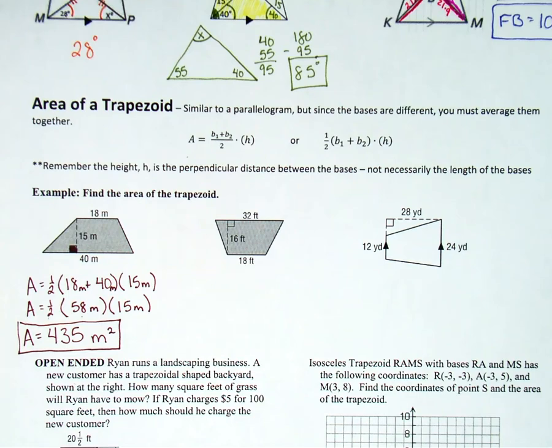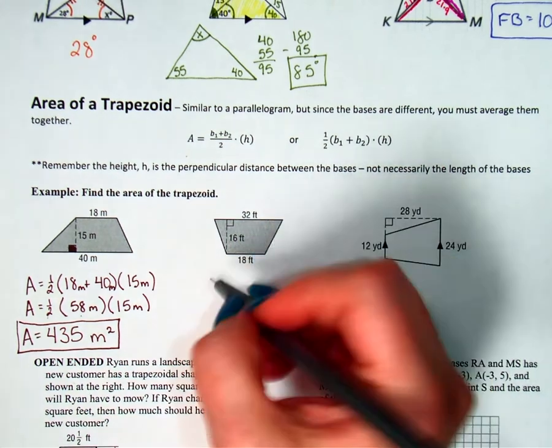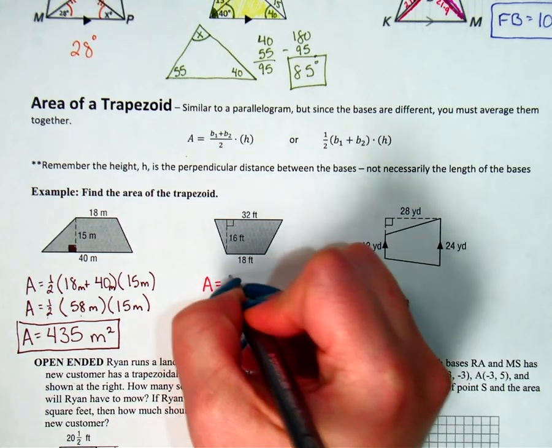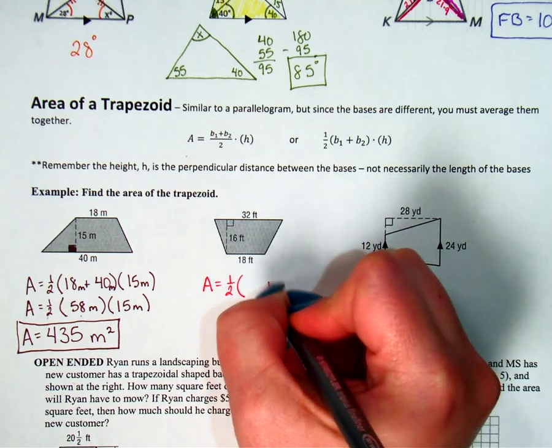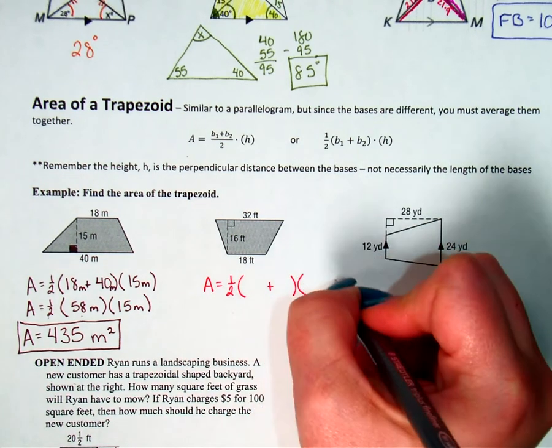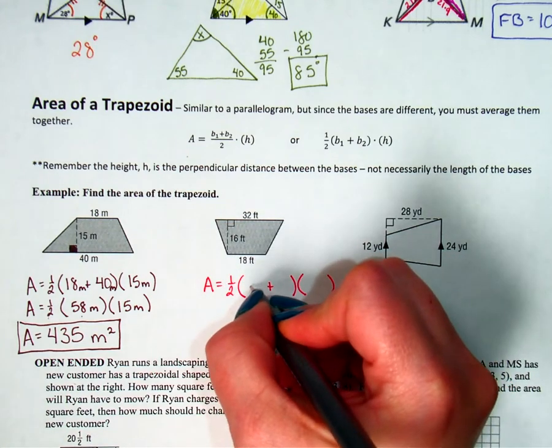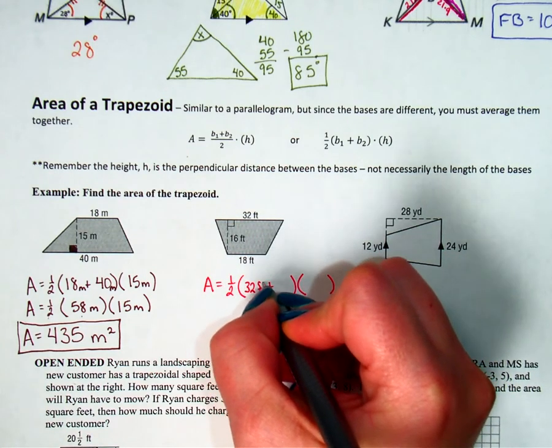Okay, let's look at the next one. Same process. When I look at the next one, I'm going to have area equals 1/2 my bases added together times my height. My bases are 32 and 18 feet.